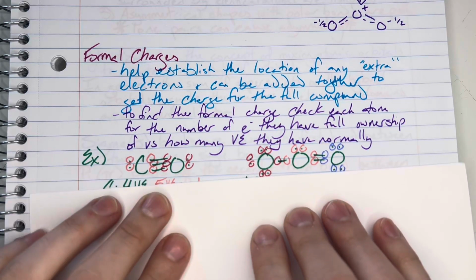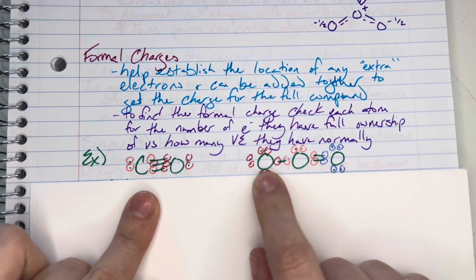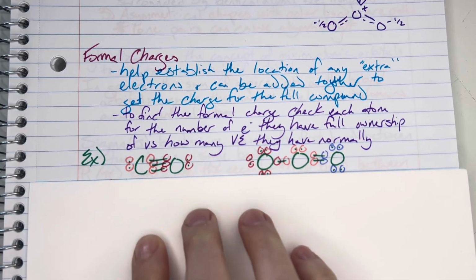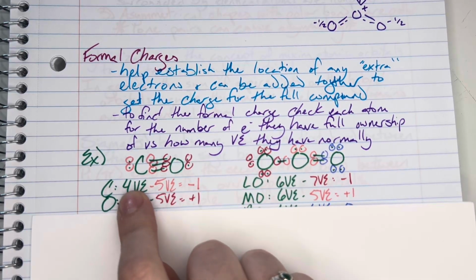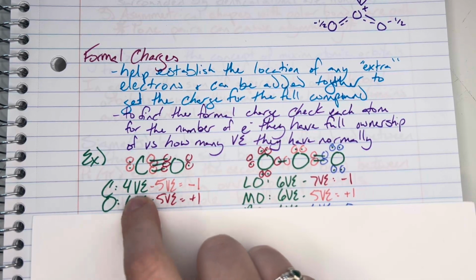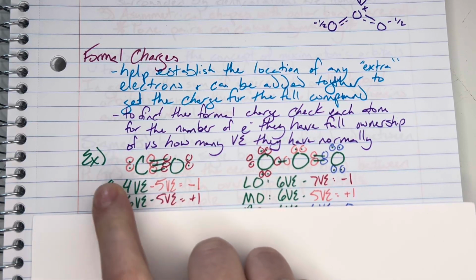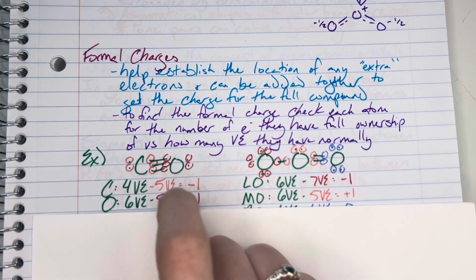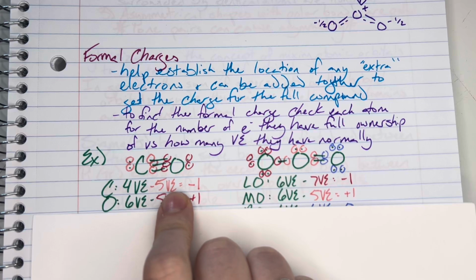So if we're looking at this carbon monoxide and the ozone again, in carbon monoxide, carbon normally has 4 valence electrons. However, in this structure, it has access to 5. I've denoted that by circling the electrons that it has full ownership of in this peachy color.